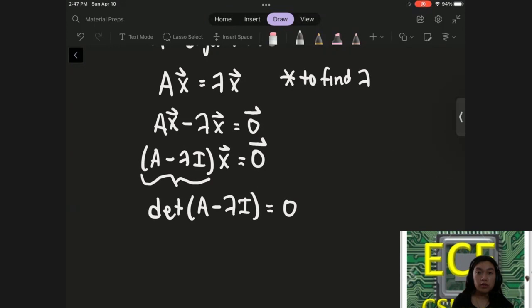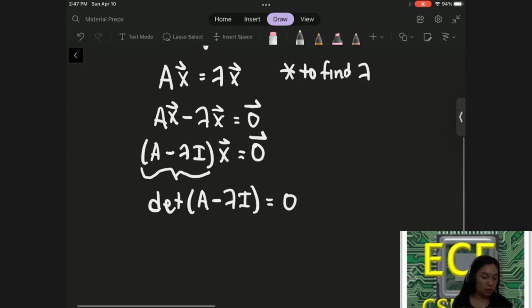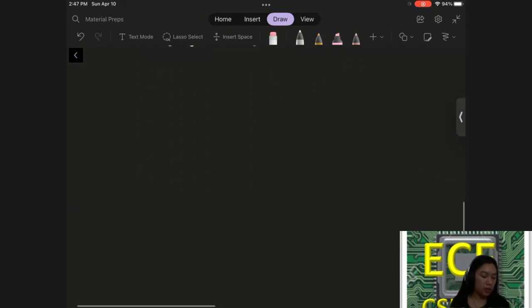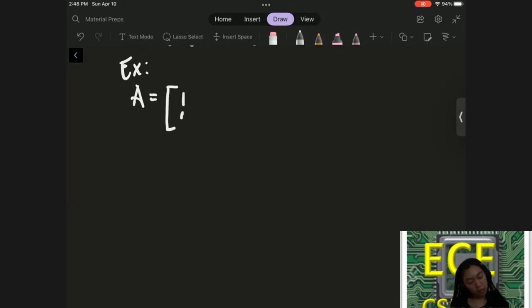So let's go through an example. I have a matrix A with values 1, 0, 5, and 6.